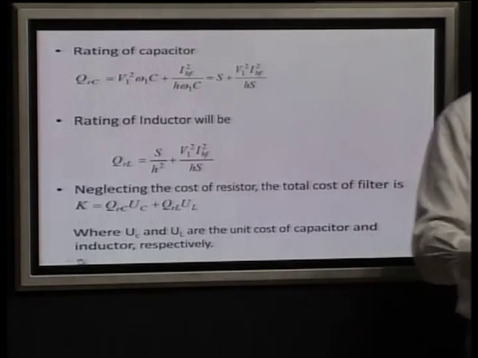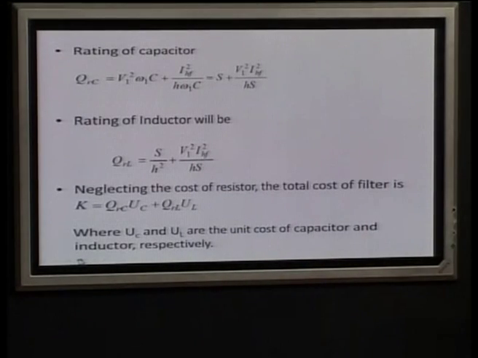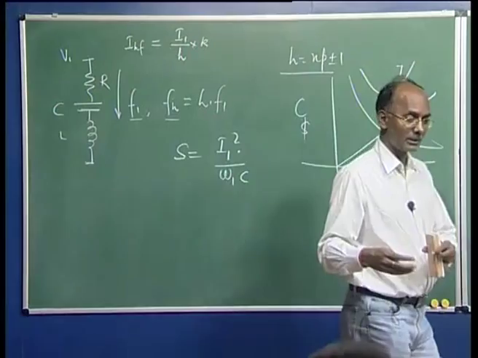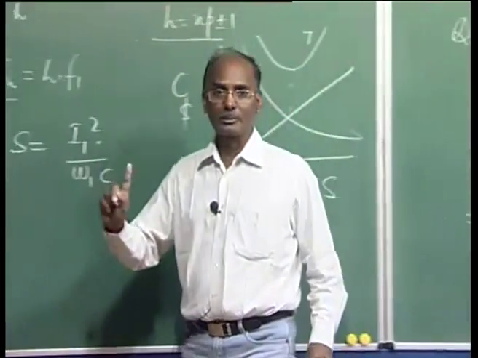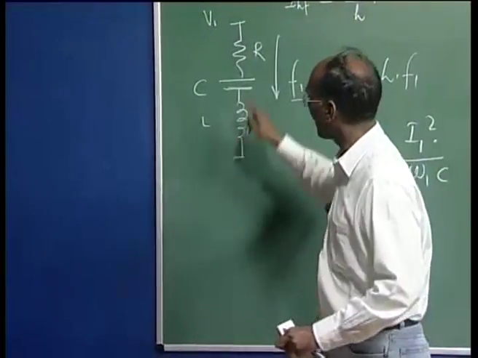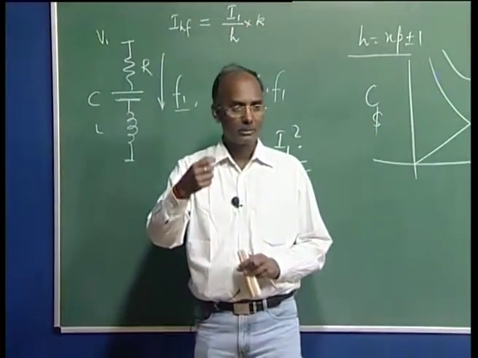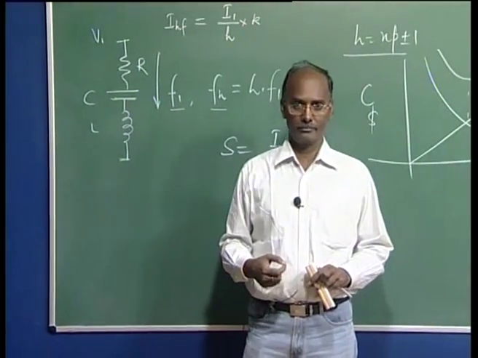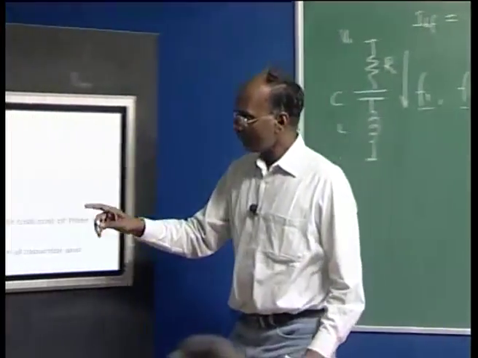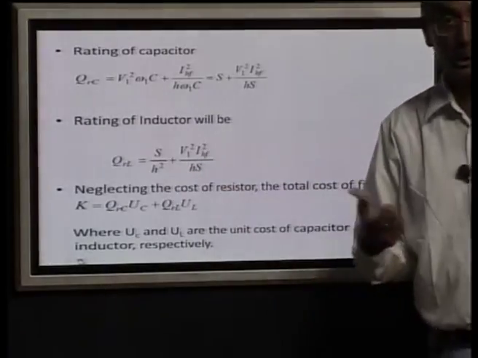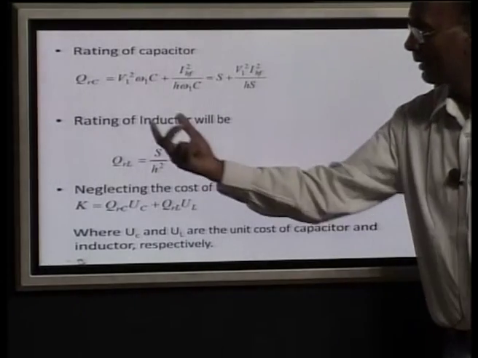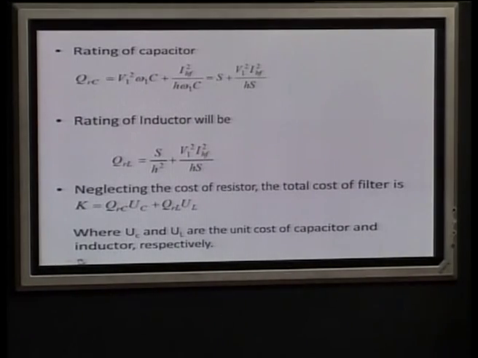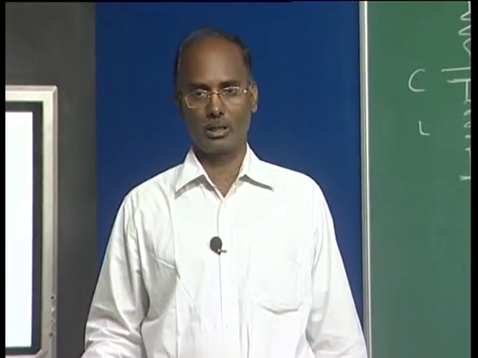So if it is designed for, let us suppose, the fifth or seventh harmonic, the reactive power generation is more compared to its absorption, and that is why it works completely as a capacitor in terms of the fundamental component. Here h squared is a huge amount. This is QRL, the rating of the inductor, which is one way to define it in terms of reactive power output.